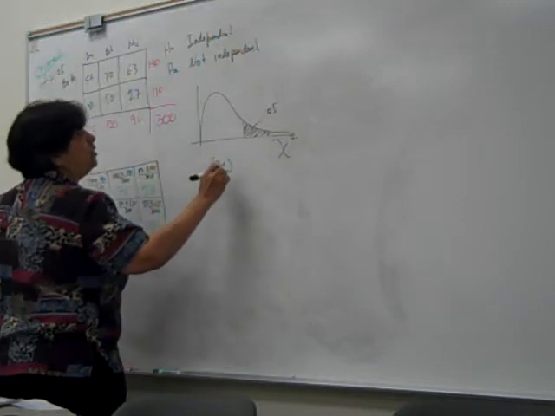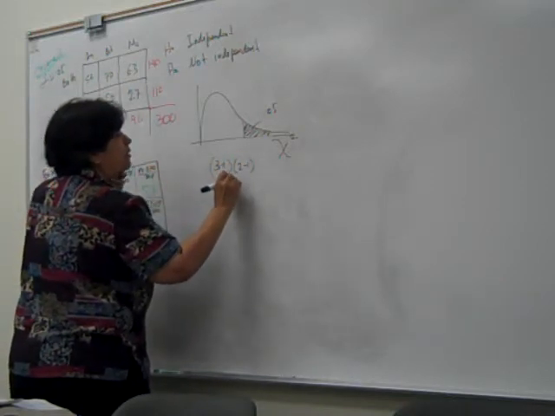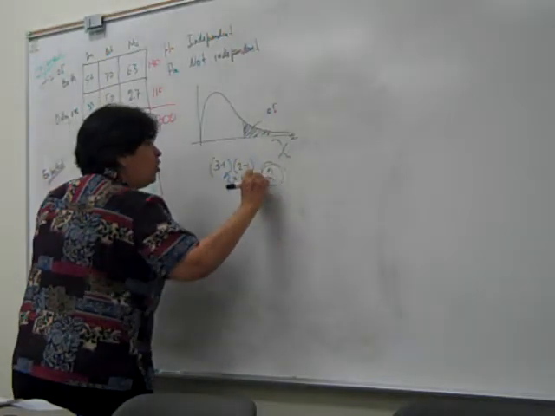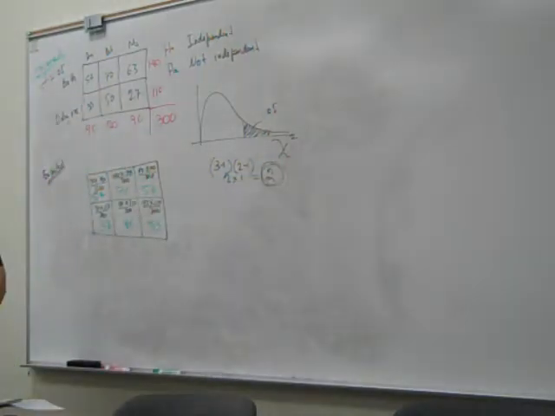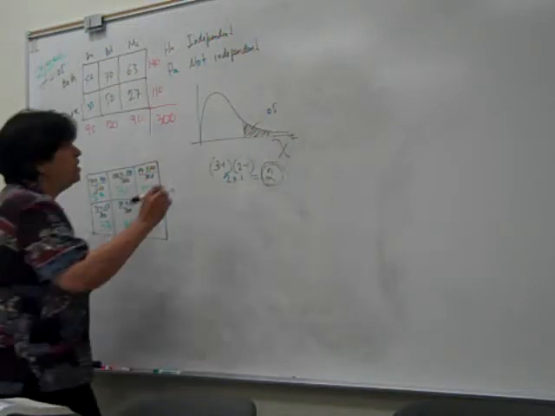How many rows? 2 minus 1. So this is equal to 2 times 1, which is 2 degrees of freedom. So we need to know the critical value. Go to the chi-square table with 2 degrees of freedom and 0.05, and this is 5.991.